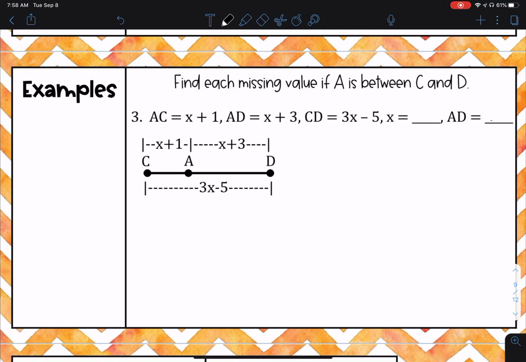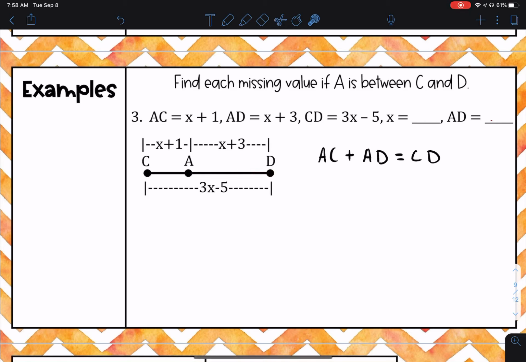Okay, we have to write out the formula. So we have CA or AC plus AD would be equal to CD. And where did I get that from? Well, I know that if I take these two and put them together, it gives me the total distance.